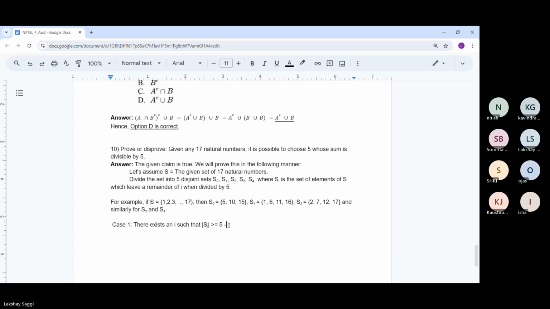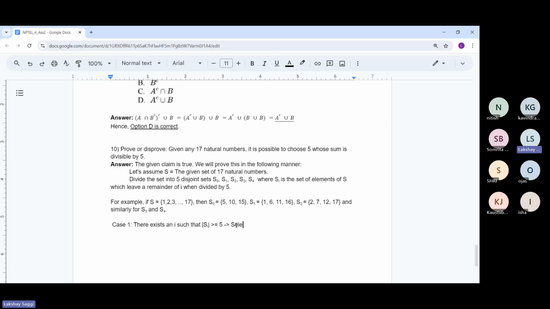right? Then what we can actually do is, suppose we have 5 numbers which leave a remainder of 2 when divided by 5. Suppose S2 has 5 elements, and these 5 elements leave a remainder of 2 when divided by 5. So what can I say about their sum? The sum of those 5 numbers.